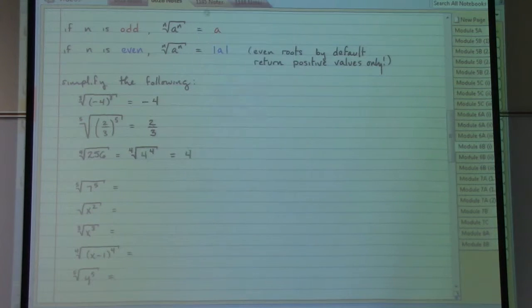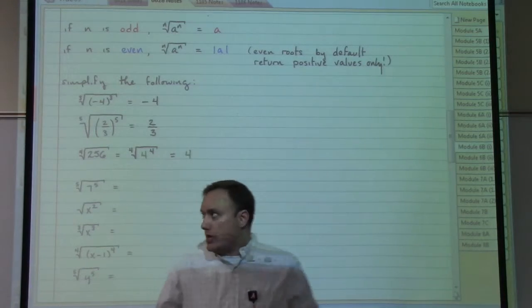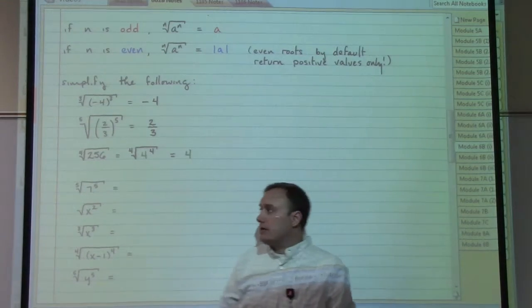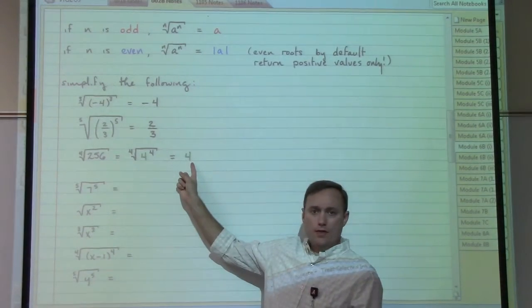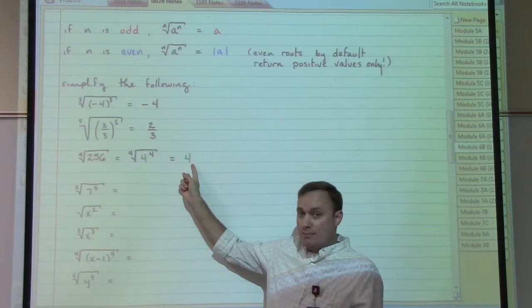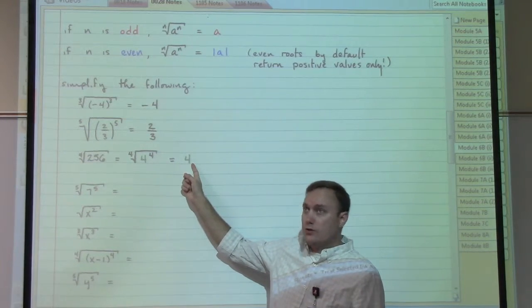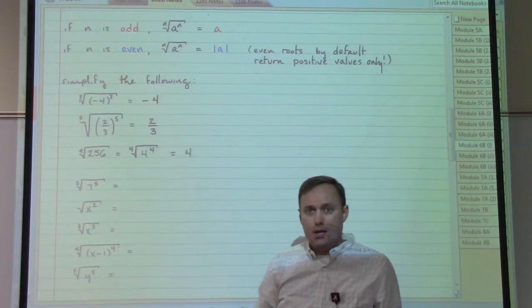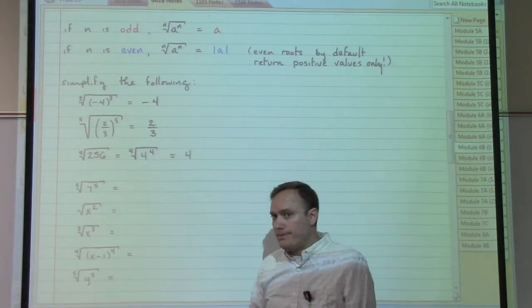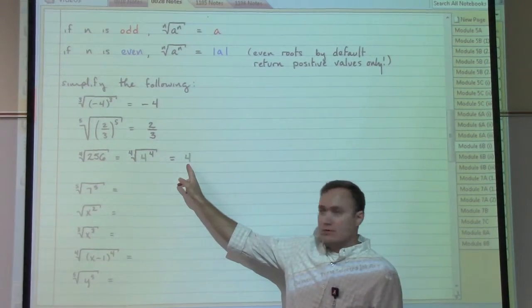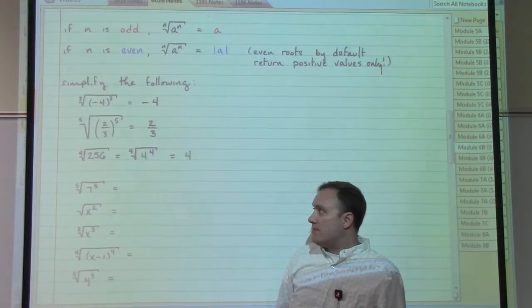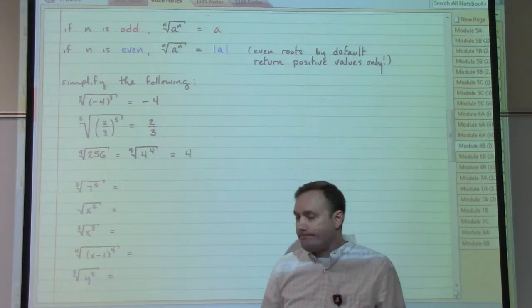We needed something that was going to be raised to a power of 4 and generated the 256. So we found that the number that we needed was a 4. That is a positive number, so we are good as far as our earlier comment. Even roots have to have positive answers. So this is in fine shape as far as that answer goes.